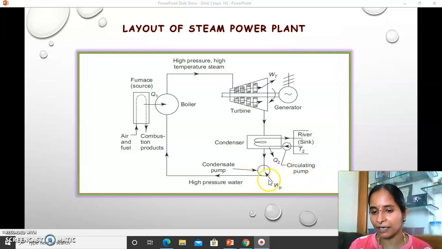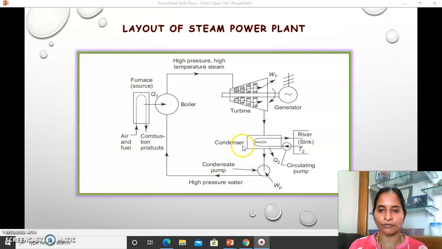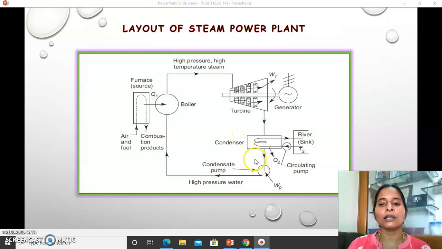Here supplying means we have to give the electrical energy so that the energized water is able to flow towards the boiler. Okay, if you are very clear with this, the whole second half of the vapor power cycle will be very easy for you to follow, understand and solve problems.